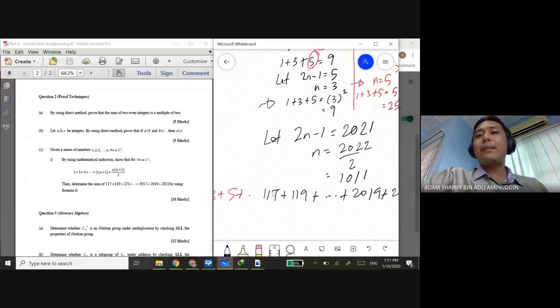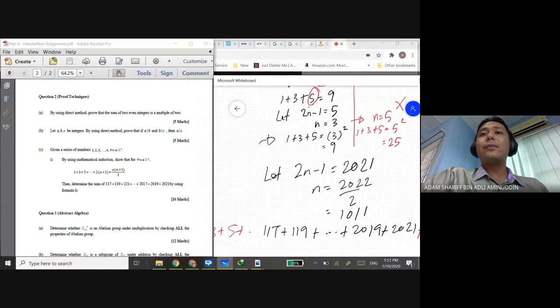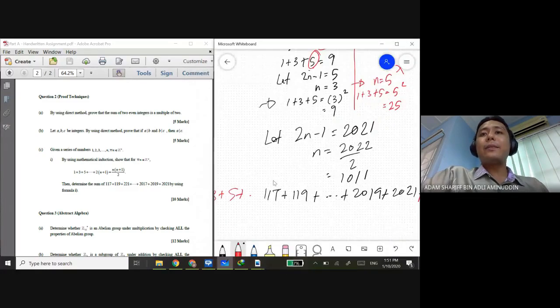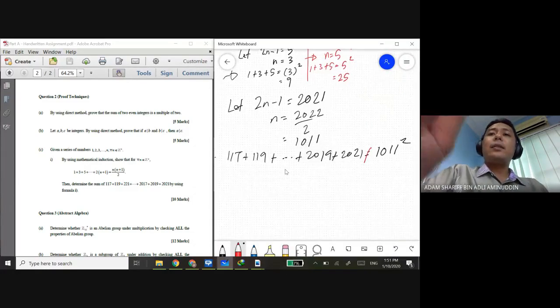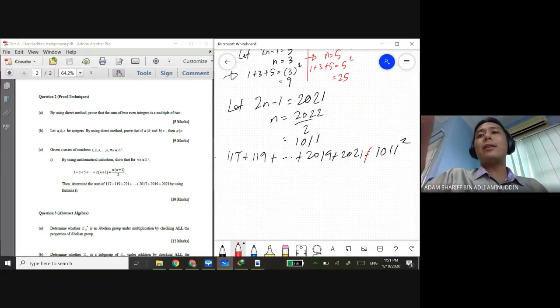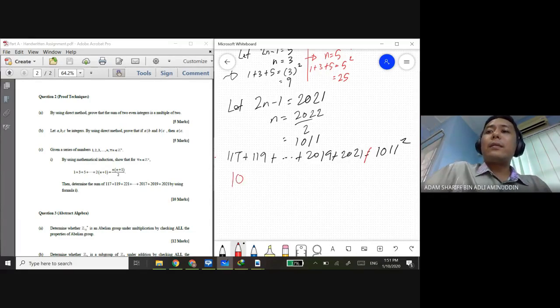Dia kata tambah daripada 117. Alright? So actually you need to minus something here. Something needs to be done here. You can leave 1011 here. Boleh, tetapi you kena tolak something.